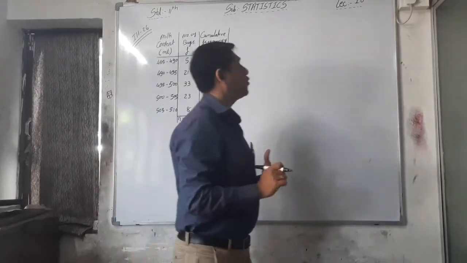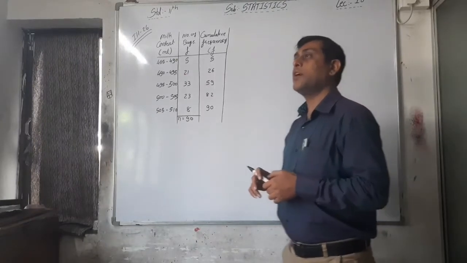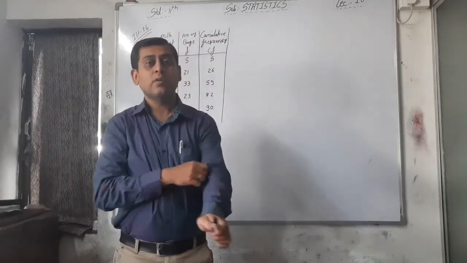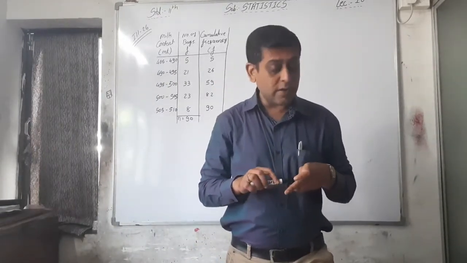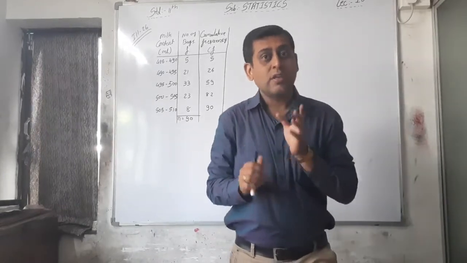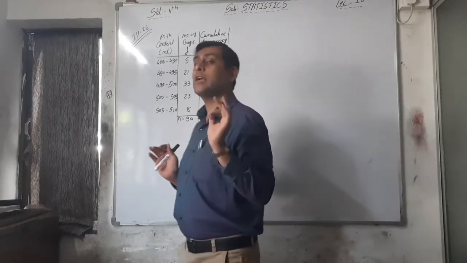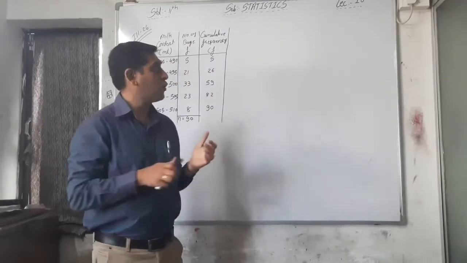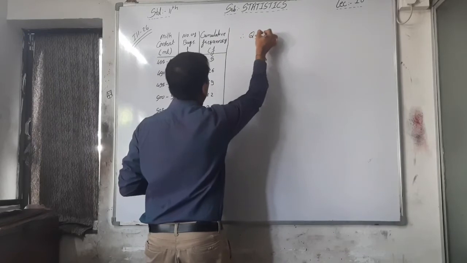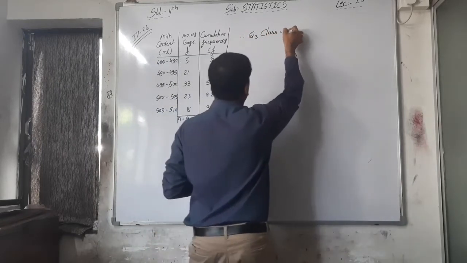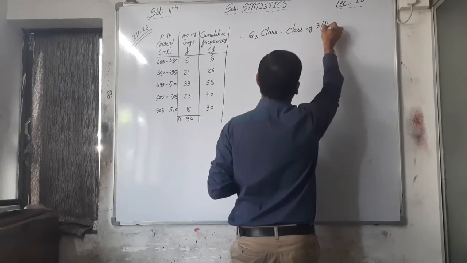Okay, now you have to find out here first Q3. See, it's a continuous grouped data. That's why for that we have to first of all find out the class of Q3. We find out the median class first in continuous grouped data. That's why here again we have to find out the Q3 class, that is third quartile class, to find out the Q3 originally. Now therefore Q3 class is equal to class of 3 into n by 4th observation.